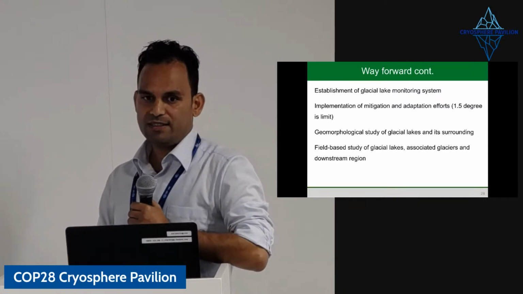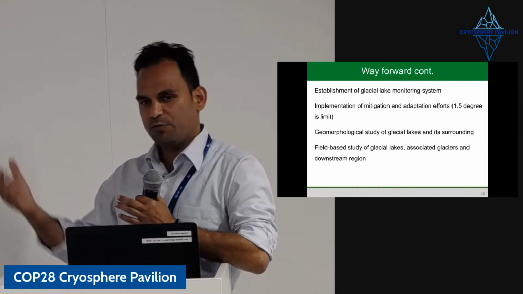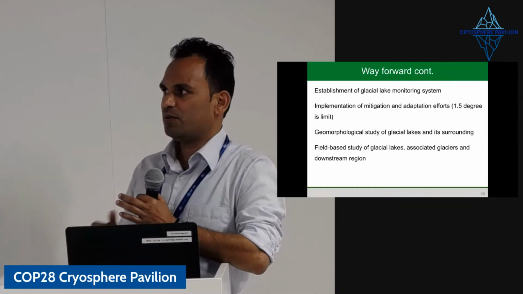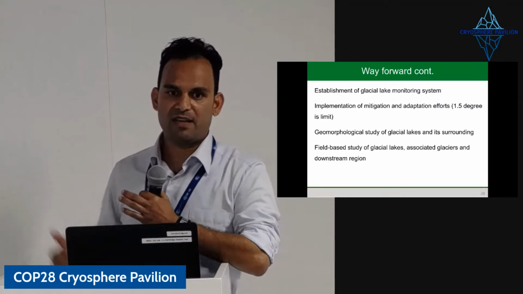If there is no warning system, the water just comes for maybe a few minutes and then it's gone. The water level of that flood might be very high, so it can impact different communities, even the ecosystem and biodiversity, and of course hydropower and other infrastructure.